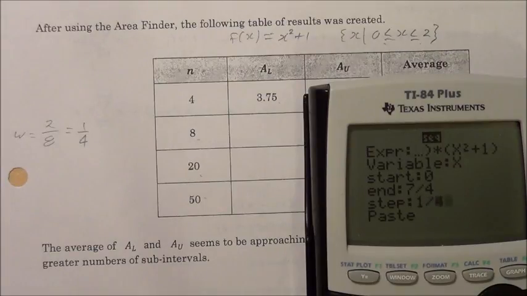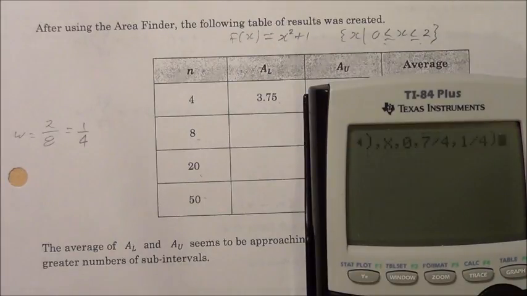The step is 1/4, and we paste that all together and get 4.1875 for the lower area.